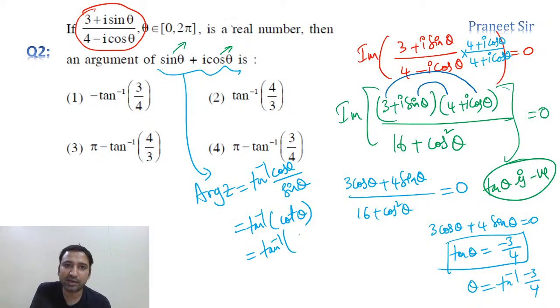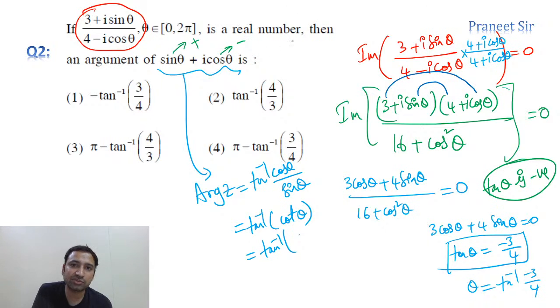Let's assume that theta is in the second quadrant. If theta is in the second quadrant, sin theta is positive and cos theta is negative.